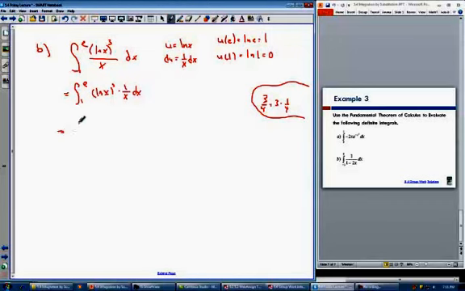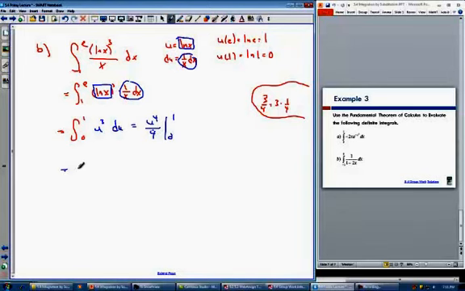So this is going to become the integral, now the x stuff becomes the u stuff, so from 0 to 1. This is my u, so ln of x here. That's my u. And then, of course, this 1 over x dx is my du. So I have u cubed du, which equals u to the 4th divided by 4 from 0 to 1.